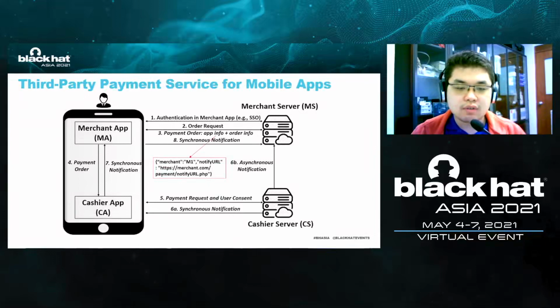In contrast, the asynchronous notification, or step 6B, is sent to the merchant server from the cashier server directly, according to the notify URL specified in the payment order in step 3.